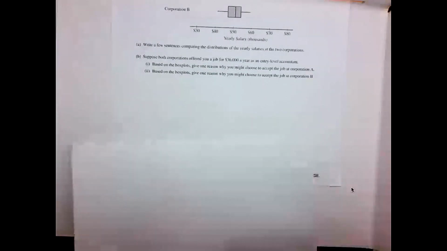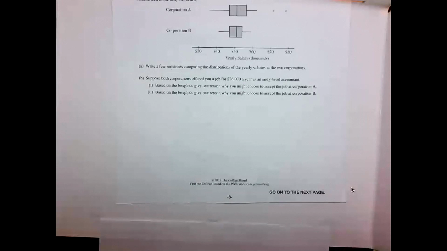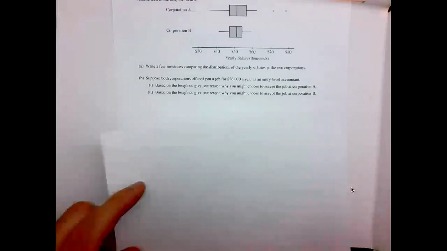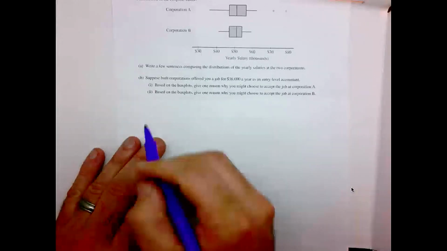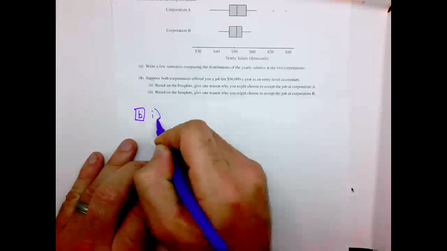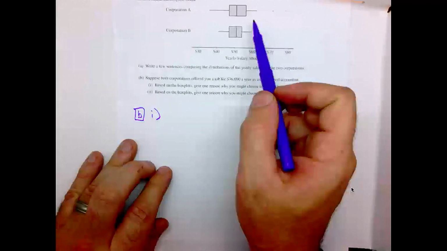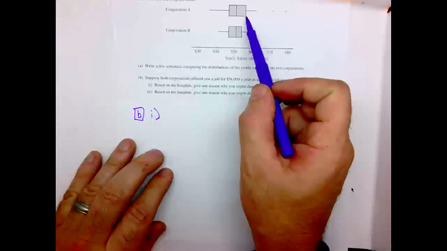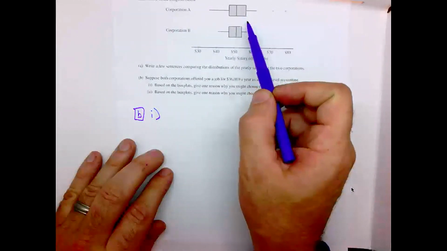Suppose both corporations offer you a job. Give one reason you might choose to accept the job at Corp A. Okay, so we're looking at B, part I. Why would we choose Corp A? Well, notice that Corp A, from Q3 to the max, there's many more.